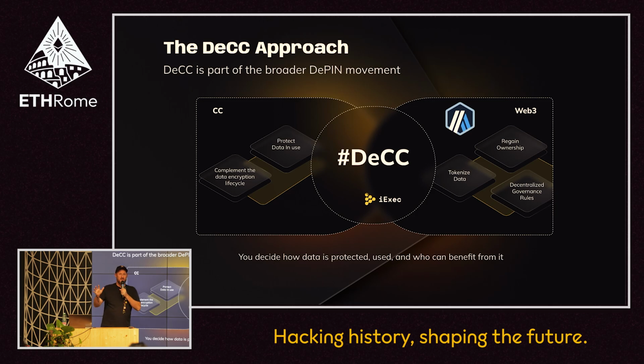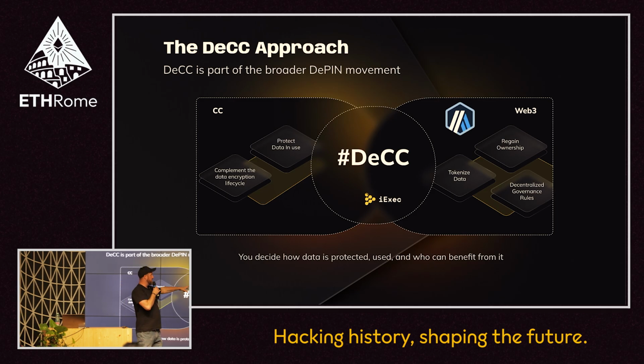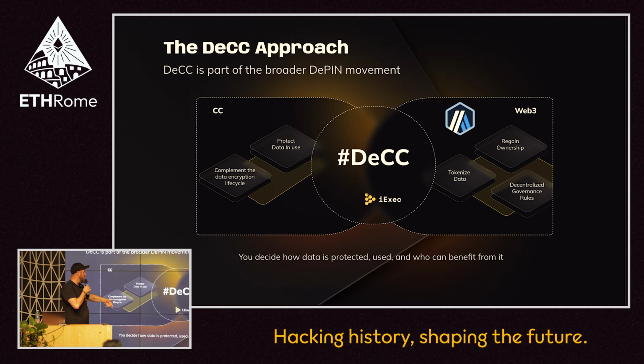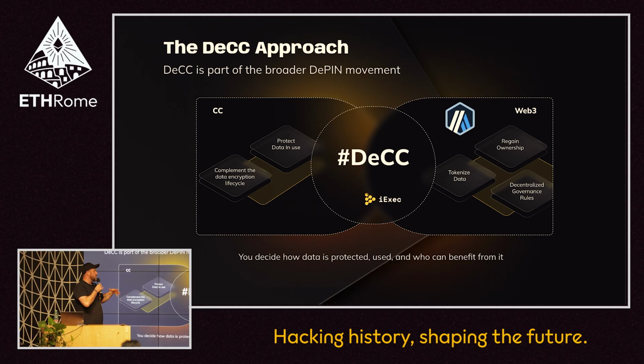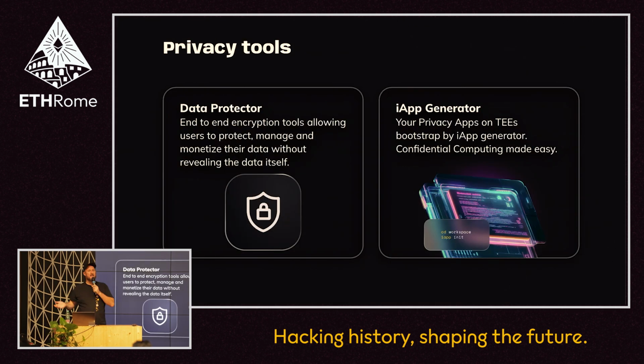And we combine it with the blockchain. And it gives birth to decentralized confidential computing. Why the blockchain? Because it enables builders to create ownership through NFT creation, tokenization, and we can set some governance rules. That's pretty cool. And it sounds a bit complex, confidential computing.